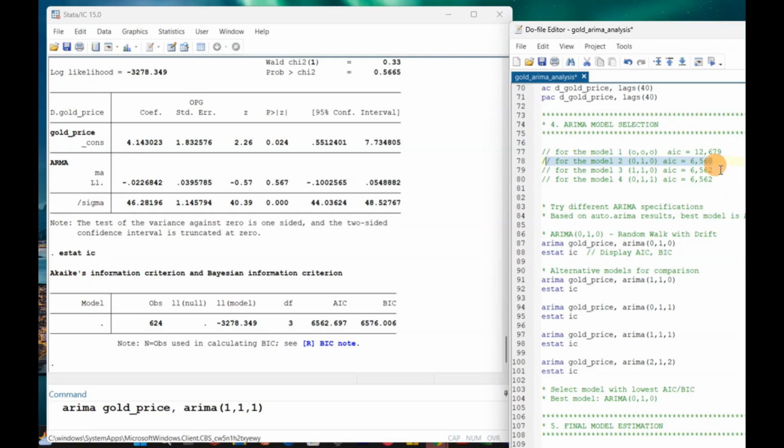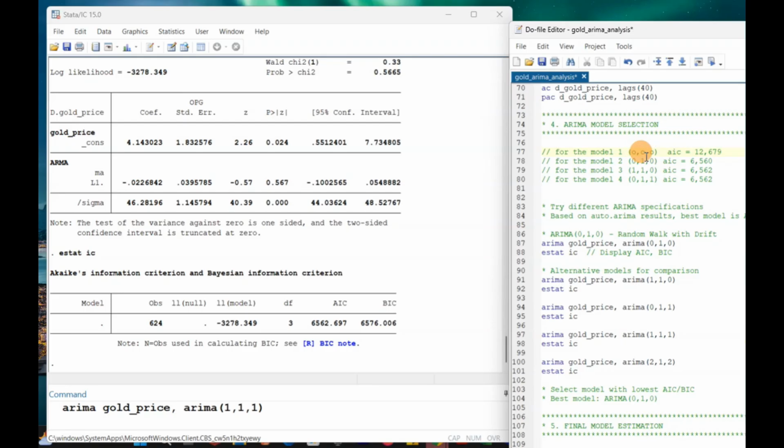Can we make the sixth model? The reason why I keep changing is that I want you to understand the reason behind making these models. We keep looking to see whether we can have a smaller AIC. Because up to the fifth model, the second model is still the best.